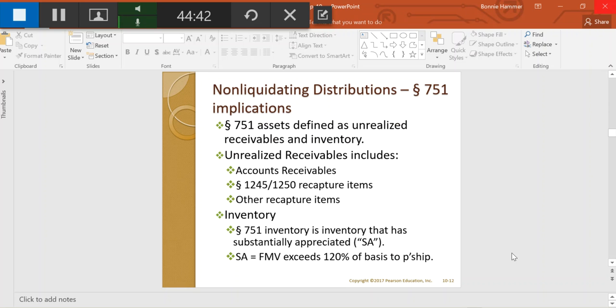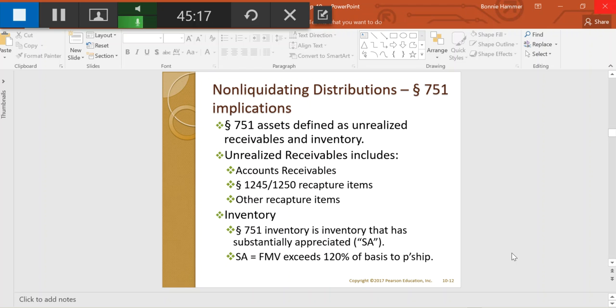Now, if we have a non-liquidating distribution where there are Section 751 assets involved, we could end up having a situation where the distribution is not treated as a distribution and handled in the way that we just discussed. It could actually be treated as a sale instead. And that's what is covered in problem 31.